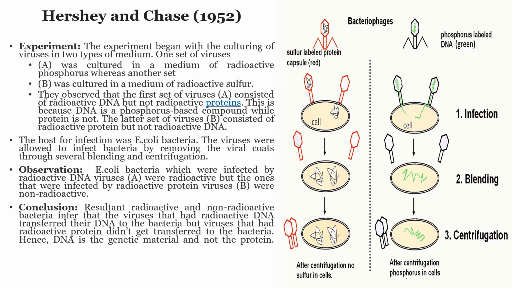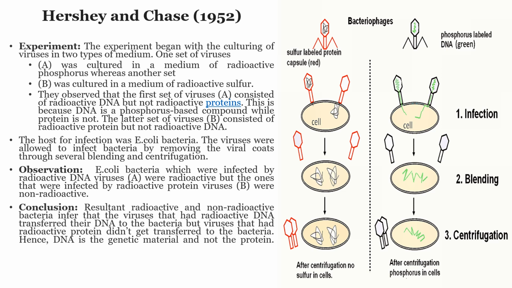This is because DNA is a phosphorus-based compound while protein is not. The later set of virus B consisted of radioactive protein but not radioactive DNA. The host for the infection was E. coli bacteria. The virus were allowed to infect bacteria by removing the viral coats through the several blending and centrifugation.